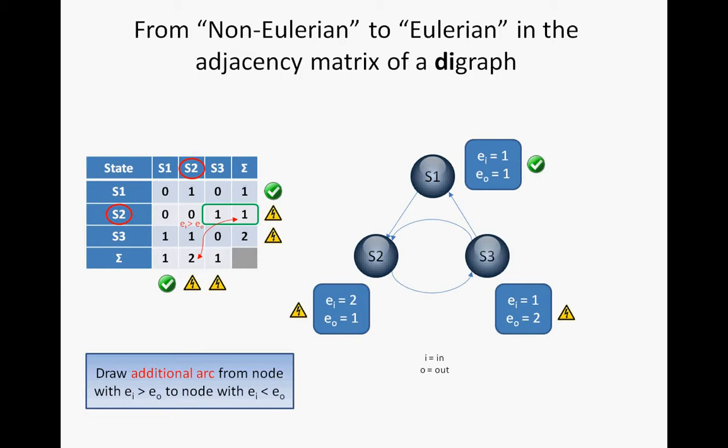Let's check node or state S3. The sum of the column S3 is 1, which is the incoming edge of S3. The sum of the row S3 is 2, which are the two outgoing edges of S3. So in order to change the sum of the column S3, again it looks like we have to change the value in that column, the number where the two green rectangles are overlapping.